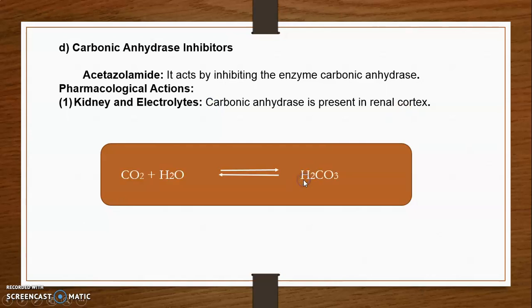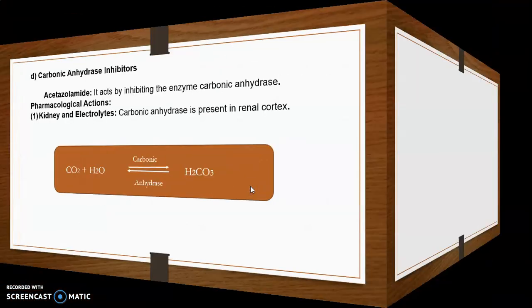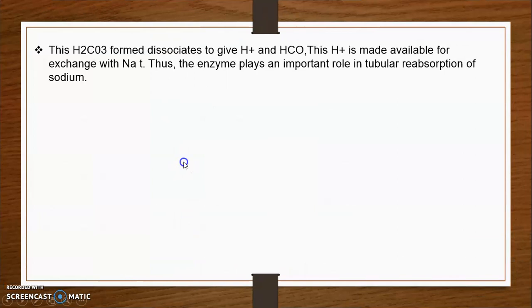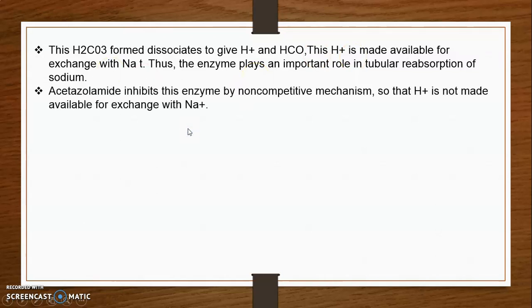Carbon dioxide and water give H2CO3 because of this carbonic anhydrase enzyme. This H2CO3 dissociates to give H plus and HCO3 minus. This H plus is made available for exchange with sodium. Thus, the enzyme plays an important role in the tubular reabsorption of sodium.